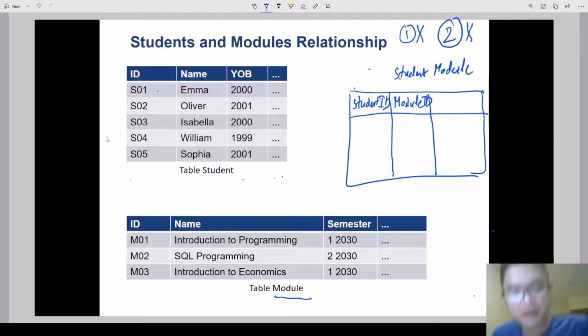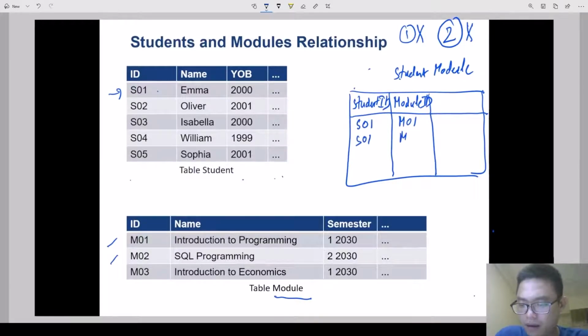Okay? So we start with MR. She studied introduction to programming, so M01 in here. MR also studied SQL programming, so the same thing, M02 in here. Oliver studied introduction to economics, so S02 is Oliver, and this one is M03.